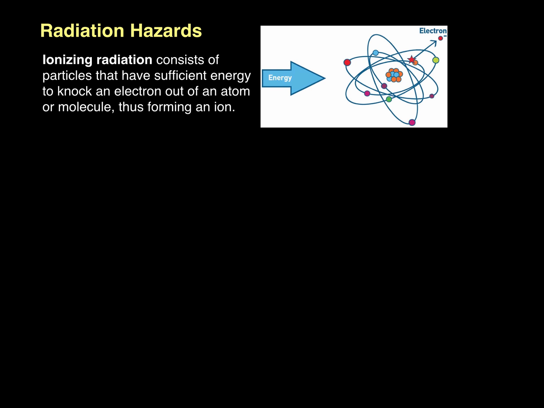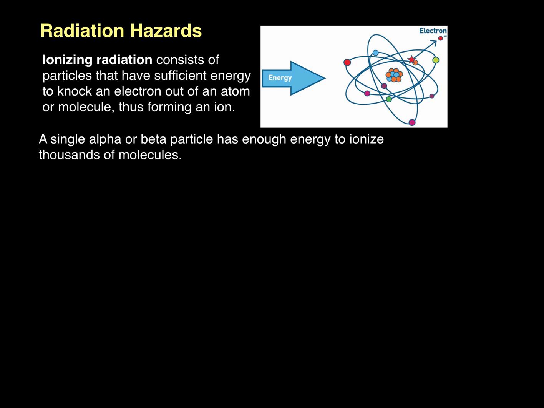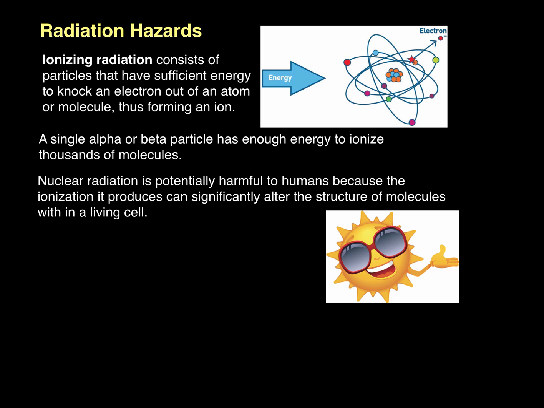Exposure to high amounts of radiation can be quite hazardous. Ionizing radiation consists of particles that have sufficient energy to knock an electron out of an atom or molecule, thus forming an ion. A single alpha or beta particle has enough energy to ionize thousands of molecules. Nuclear radiation is potentially harmful to humans because the ionization it produces can significantly alter the structures of molecules within a living cell.